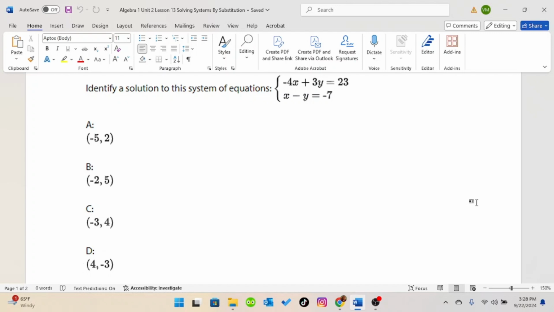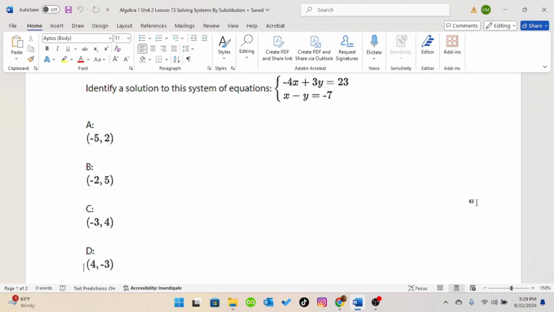The idea is that I can find out what one of the variables equals, whether that's a number or an expression. Then I can substitute that amount or expression into the other equation for that variable, which brings it from a two-variable equation down to a one-variable equation.